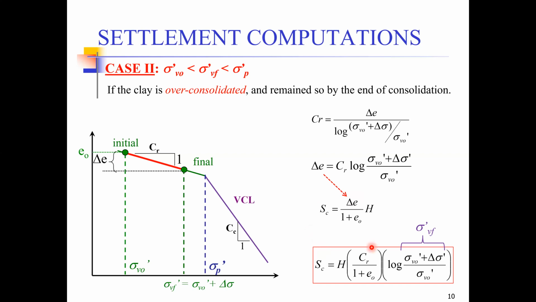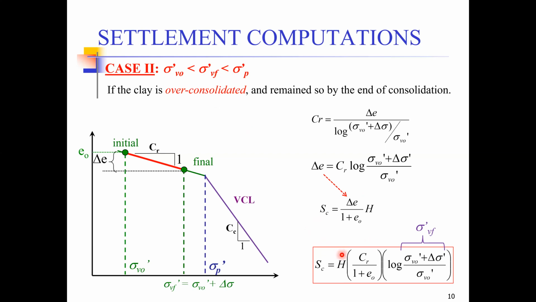So this tells us that if our soil is an over-consolidated soil, and how will we know that our soil is over-consolidated? We will know by looking at this criteria. If our initial stress and the final stress both are less than the pre-consolidation pressure, then we can easily determine the consolidation settlement by using this expression.